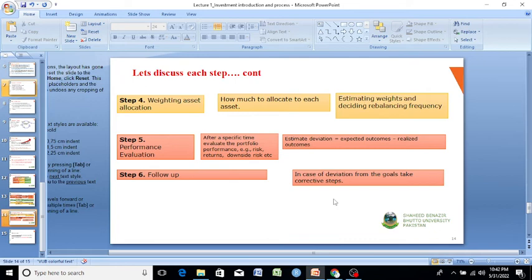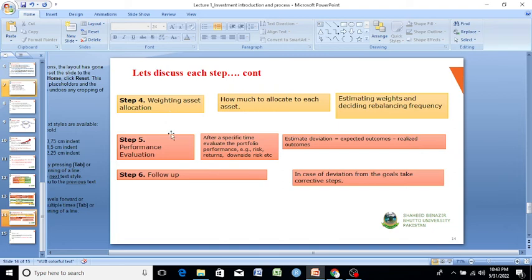For example, if in the selection step we want to invest partially in stocks and partially in bonds, then how much should we invest in stocks and how much in bonds? The answer lies in the fourth step, where we assign weights to each asset class. This is a very technical concept, and we will discuss this topic in detail as the course proceeds.